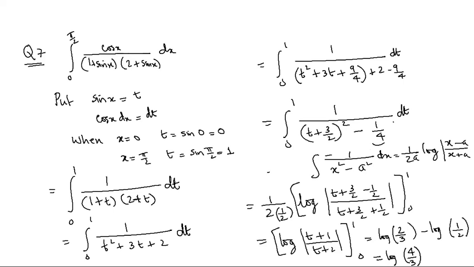Completed? Yes, sir. Question number 9. Integral 0 to pi, 1 upon (3 plus 2 sin x plus cos x) dx, 0 to pi.